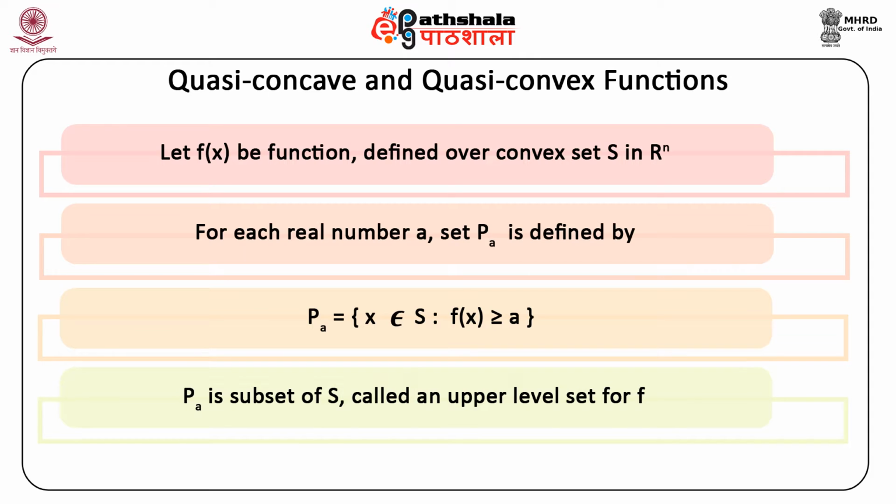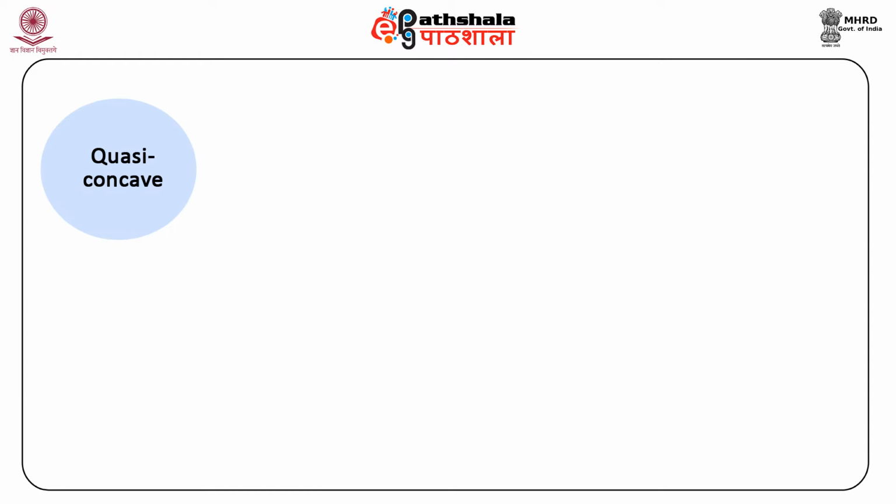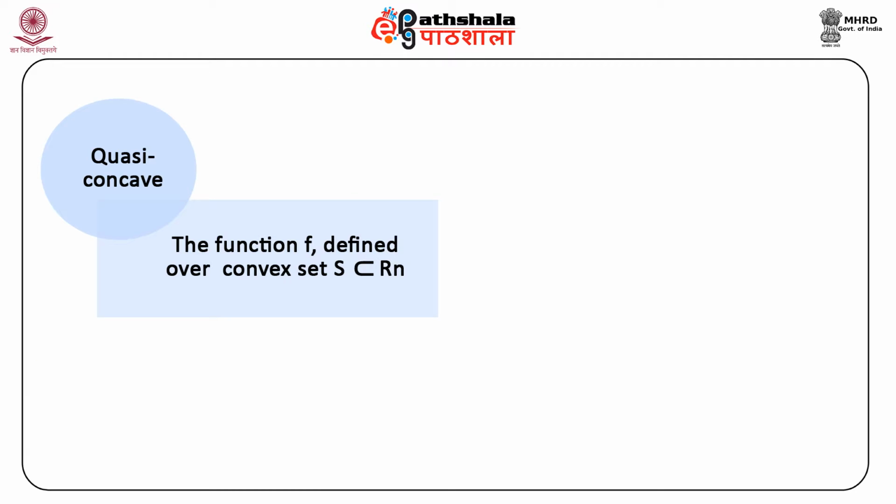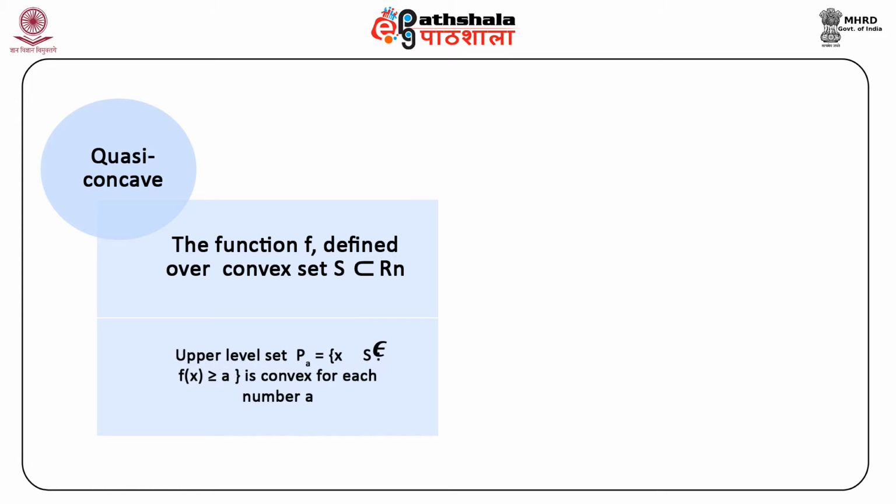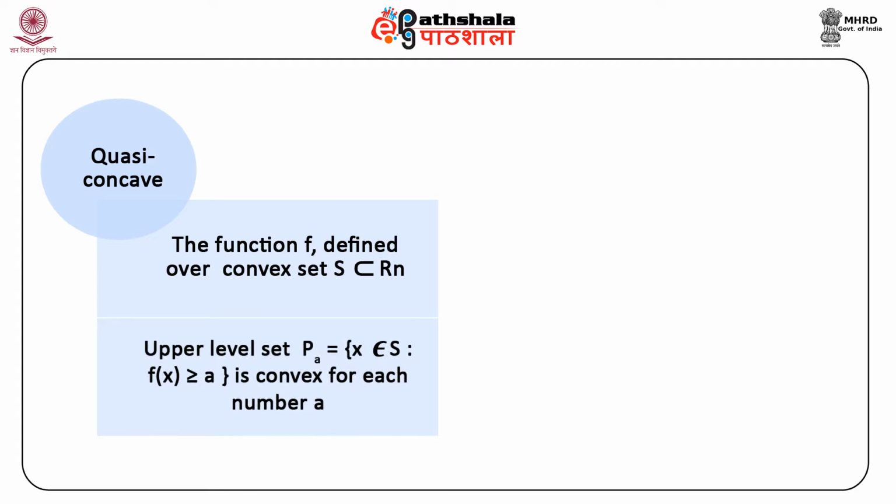Then Pa is a subset of S that is called an upper level set for f. Quasi-concave: the function f defined over a convex set S in R^n is quasi-concave if the upper level set Pa is convex for each number a.